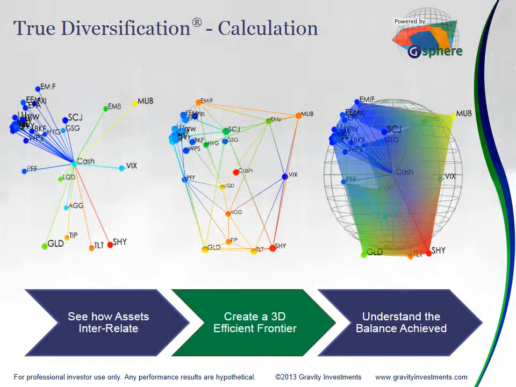Once we take all these assets and combine them, we put this frame around the portfolio. We call it the efficient frame. Basically, it's like a 3D efficient frontier, except instead of being relativistic, like a 2D efficient frontier in a Markowitz fashion, this is holistic. It shows how all these assets interrelate and what the sum of the whole is.